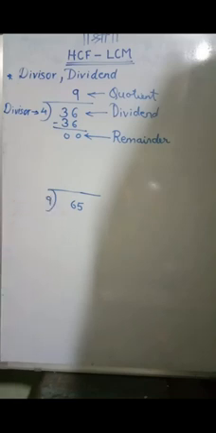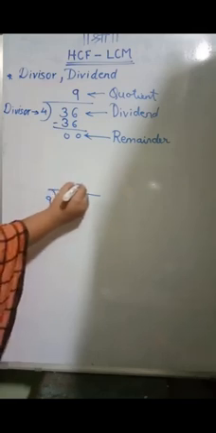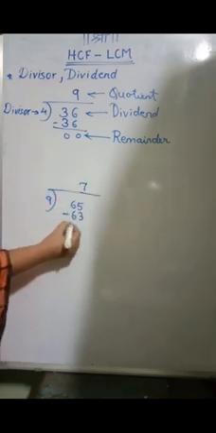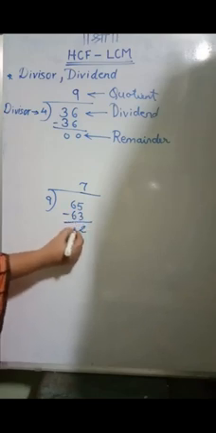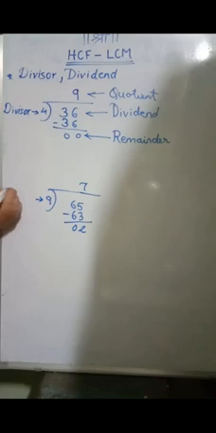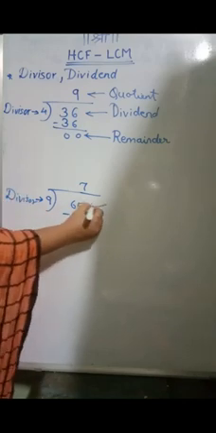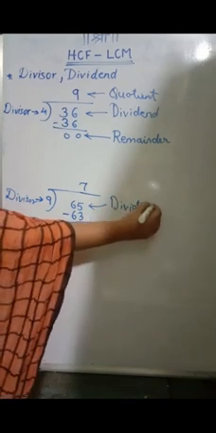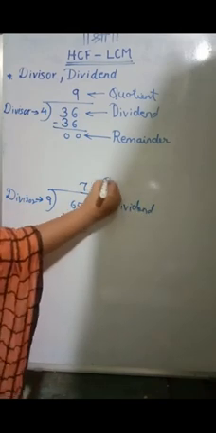9 how much? 65. Do we get 65 in 9's table? No, but a smaller number than that. Yes, 9 7s are 63. 5 minus 3 is 2. 6 minus 6 is 0. So what is 9? 9 is the divisor here. 65 is the dividend, and 7 is the quotient.